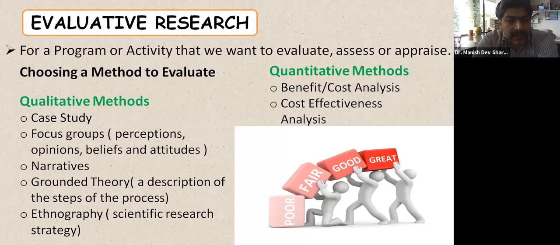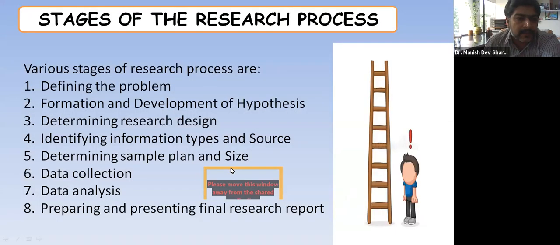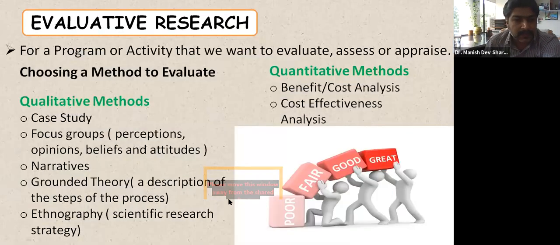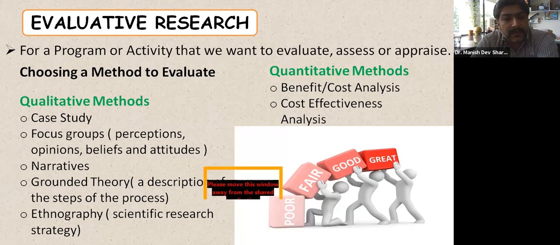So its name suggests clearly what evaluate research is. Evaluate research is for a program or particular activity that we want to evaluate, or you can say a particular model that we assess or appraise.